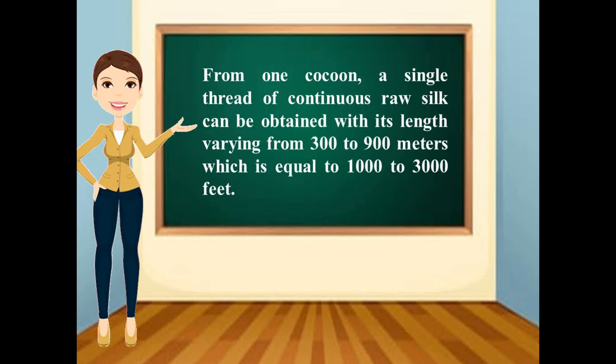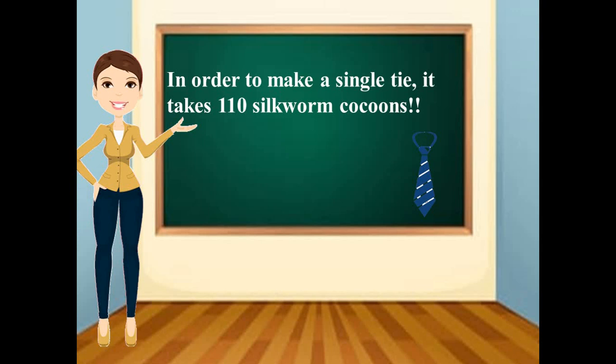From one cocoon, a single thread of continuous raw silk can be obtained, with its length varying from 300 to 900 meters, which is equal to 1000 to 3000 feet. Haha, you must be enjoying this. I will tell you another interesting fact, that in order to make a single tie, it takes 110 silkworm cocoons.